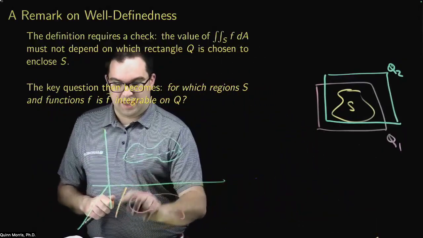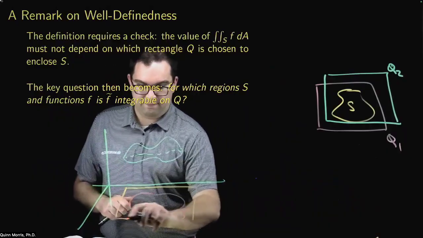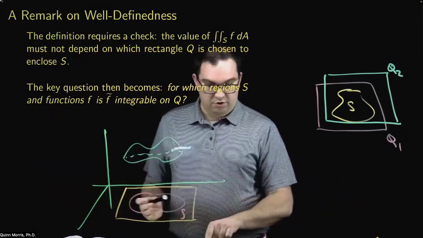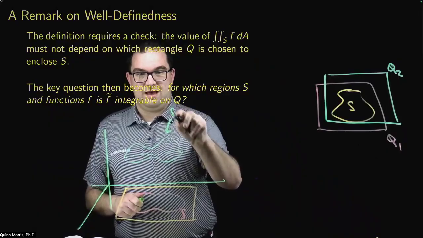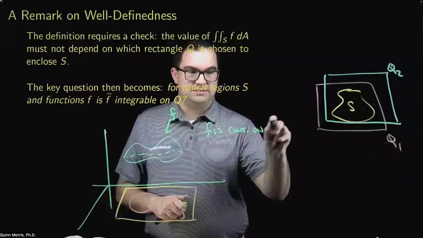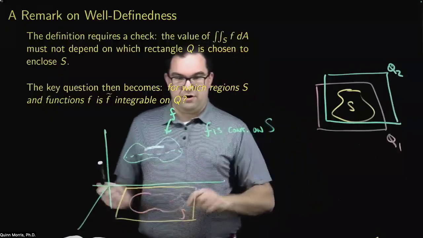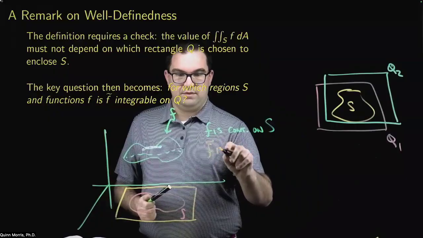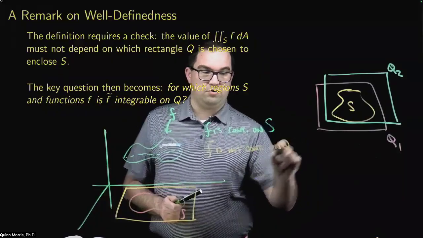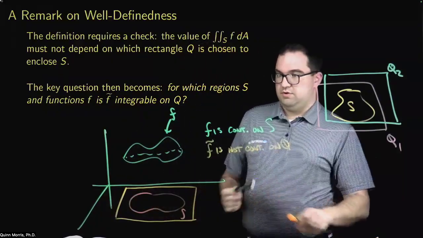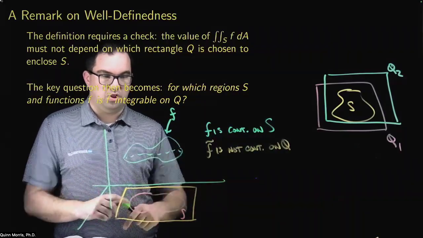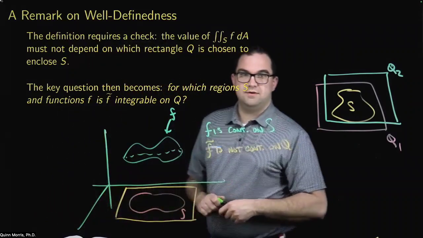However, as soon as I create a rectangle and create the extended function f tilde, even though f is continuous on S, my extended function f tilde is not continuous on Q. I'm going to get something continuous, but it's going to have discontinuities along the entire boundary of S.